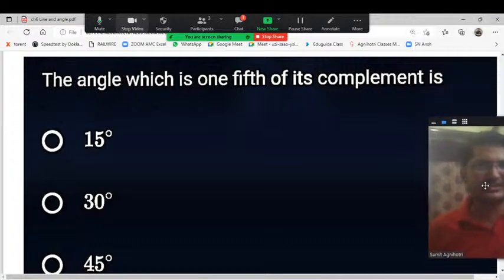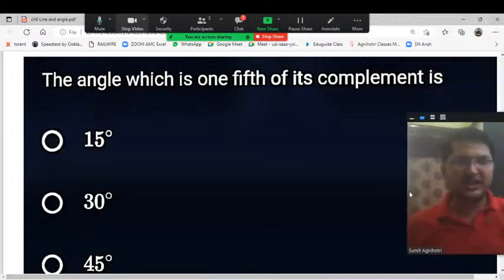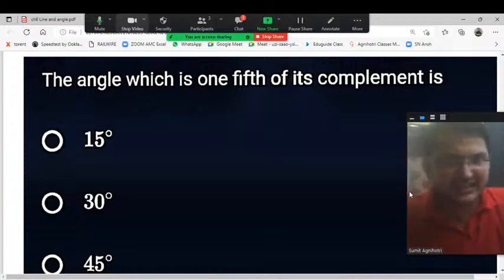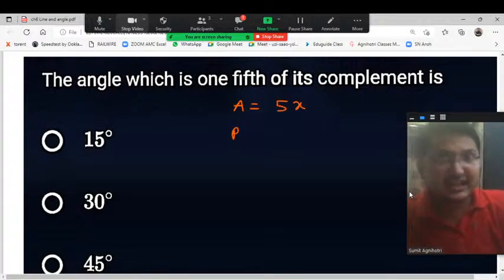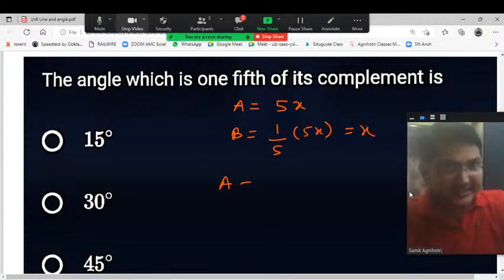This one is so easy. If you want to solve it now, you can. Find the angle which is 1/5 of its complement. Let's say one angle is 5x, then the other angle is 1/5 of that, that means it's x, and these are complementary, that's why the sum should be 90.